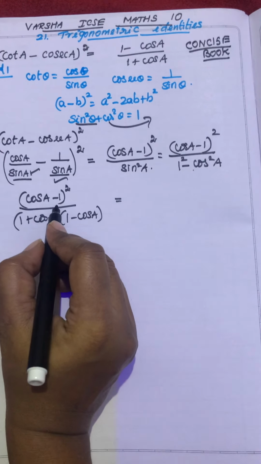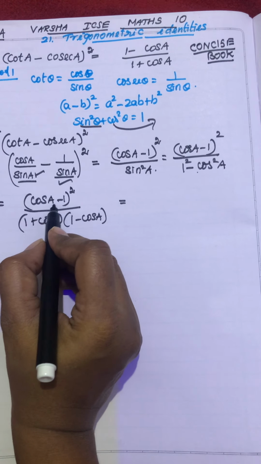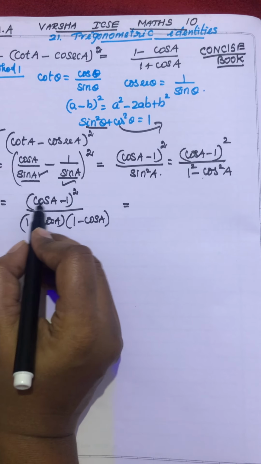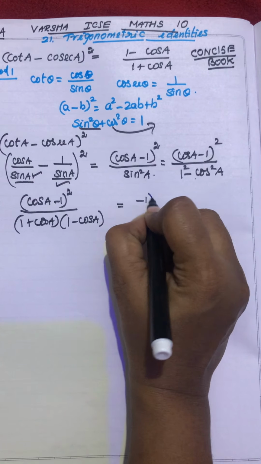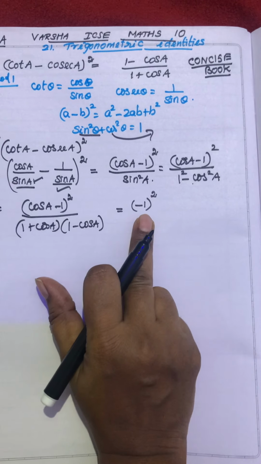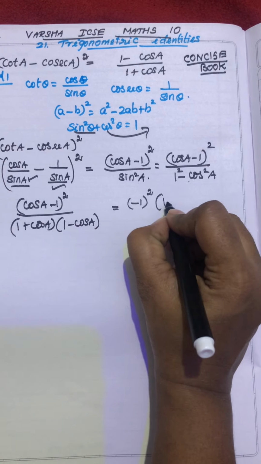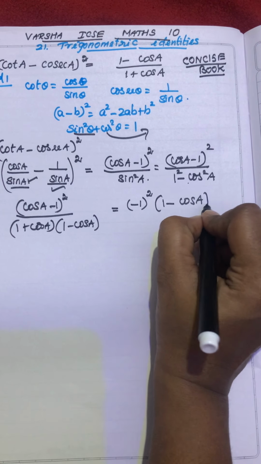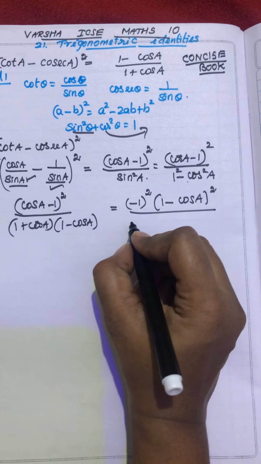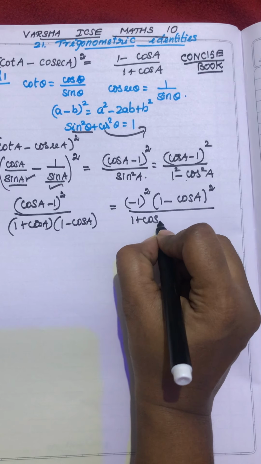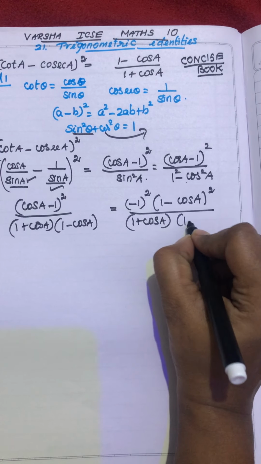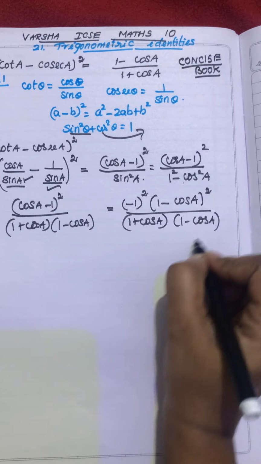In the next step, I am going to take the minus outside the square. So you have (1 minus cos A) the whole square by (1 plus cos A) and (1 minus cos A).